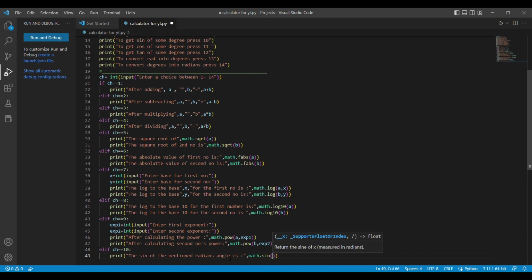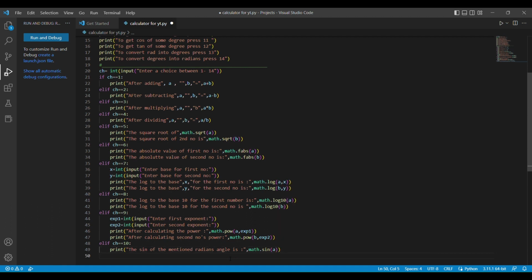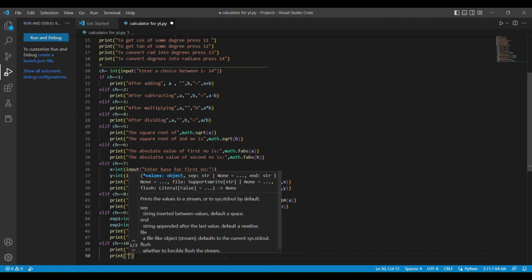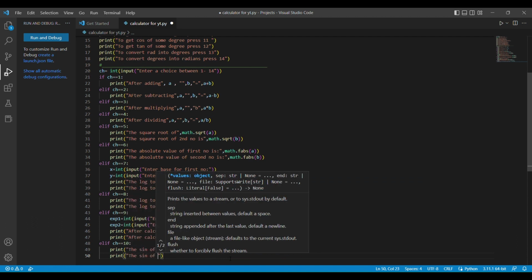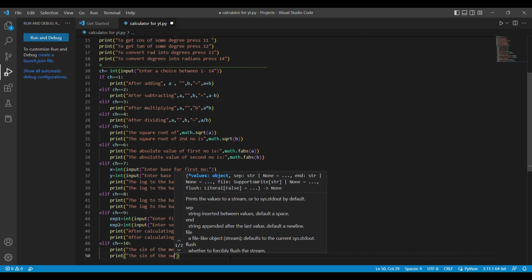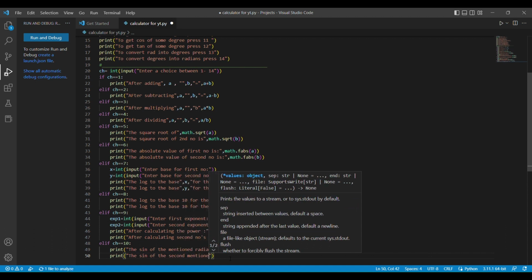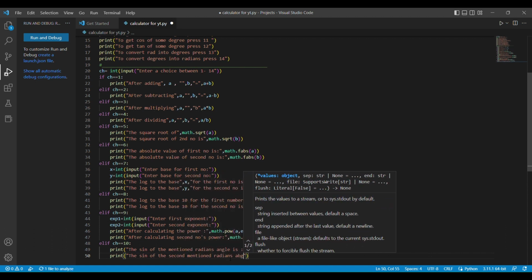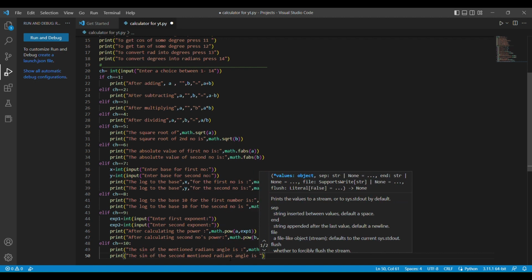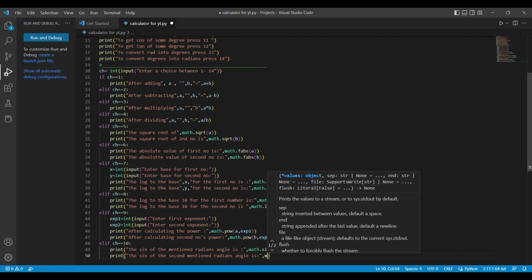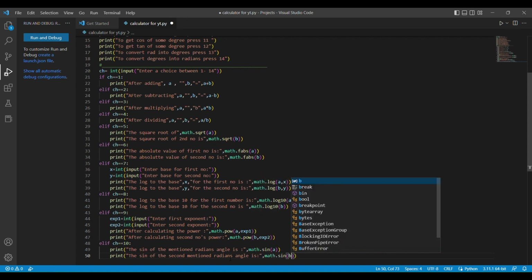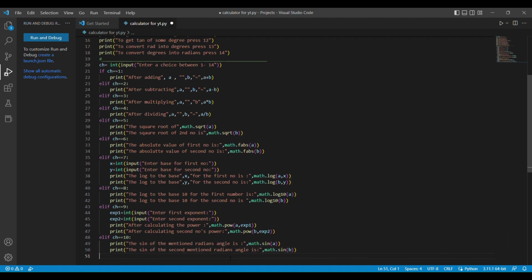Okay, so we will put a. Print the sine of the second mentioned radians angle is, comma math dot sin. Now this time we will set b.